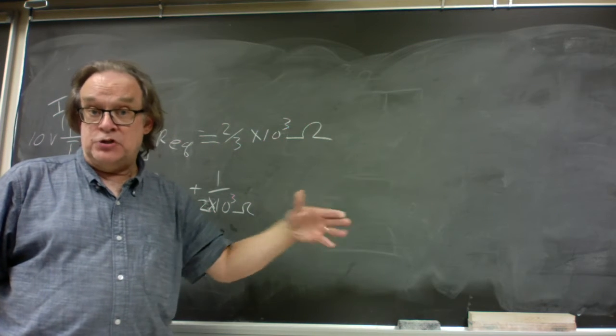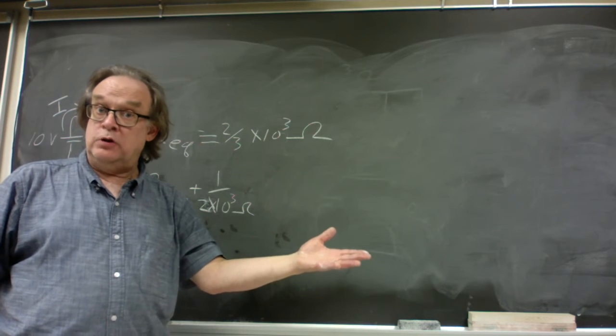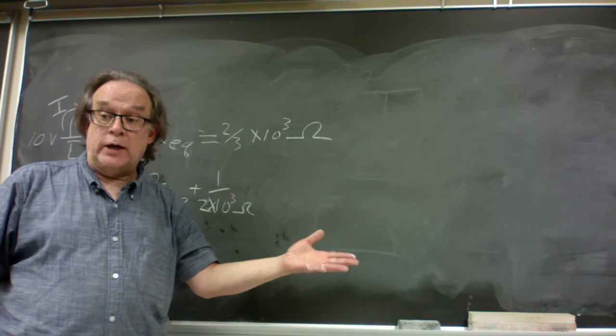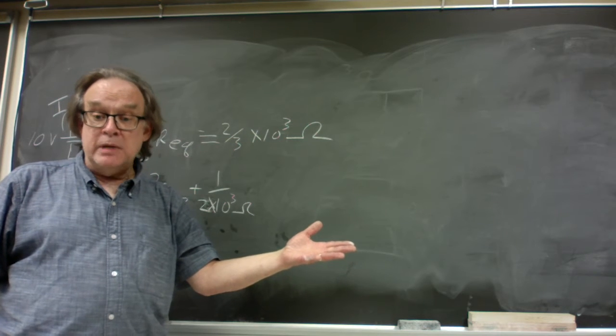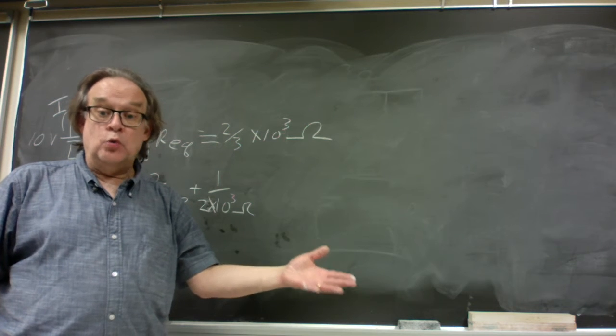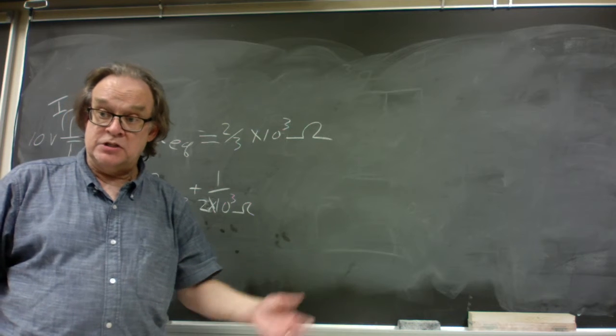And the more paths you have for current to flow, the more current that flows. And more current flowing means there must be less resistance. You don't get more current unless there is less resistance.